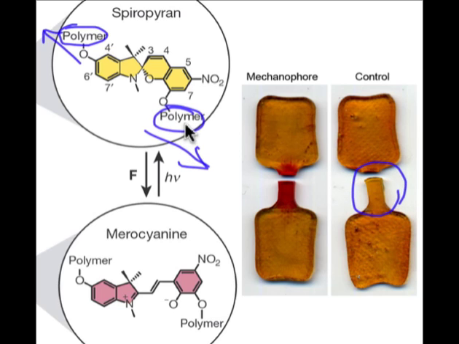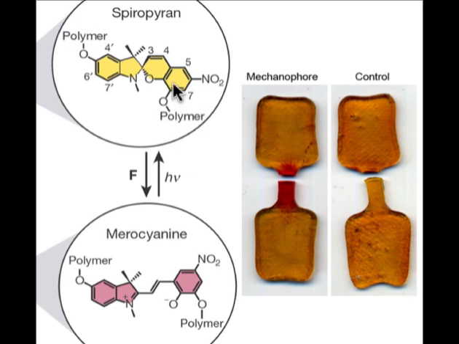This is a control in which we've attached the polymer molecule not to this end, but here and here. And so the polymer molecule didn't pass through this carbon-oxygen bond that breaks during the electrocyclic reaction. That control molecule showed that just the presence of the mechanophore isn't enough.